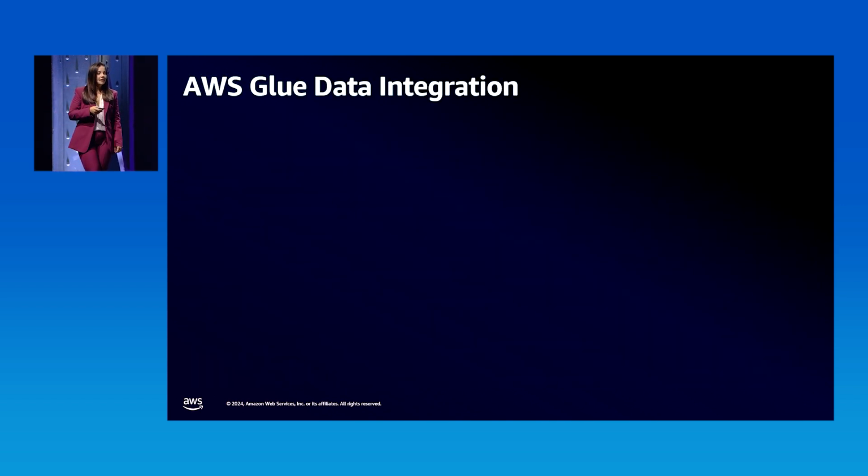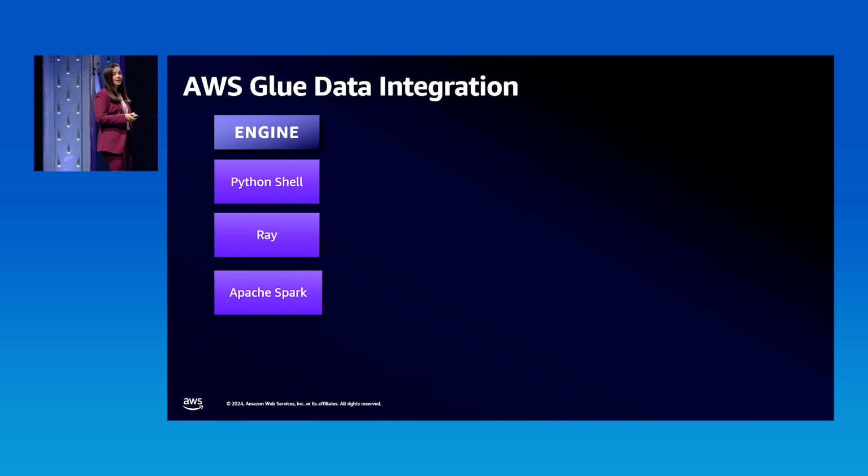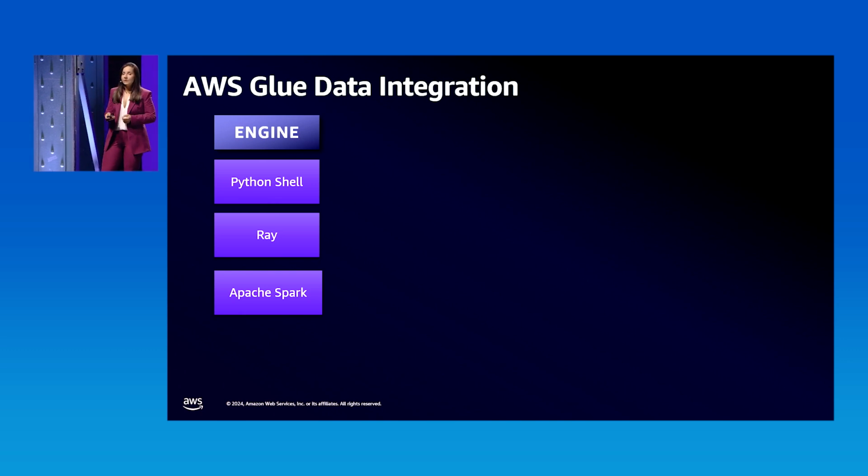When we are creating jobs, typically the jobs need to serve different personas and different use cases. Therefore, we have different engines on AWS Glue. One engine is the Python shell that helps you build single-node workloads. Another engine is Ray and Apache Spark that helps you build distributed workloads.